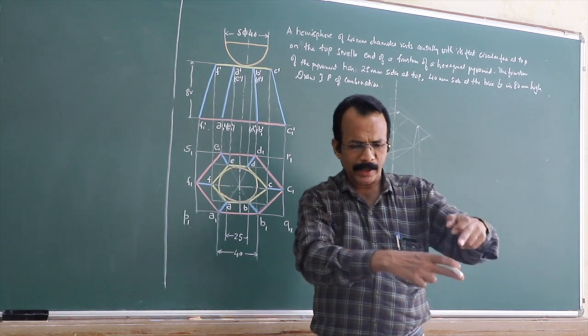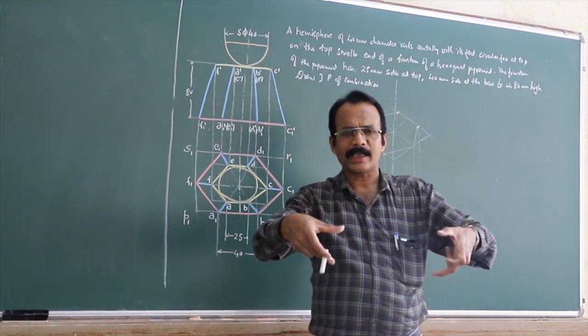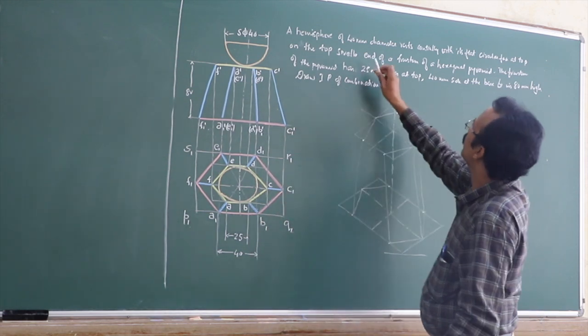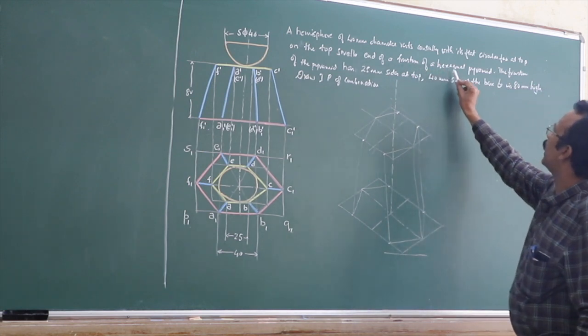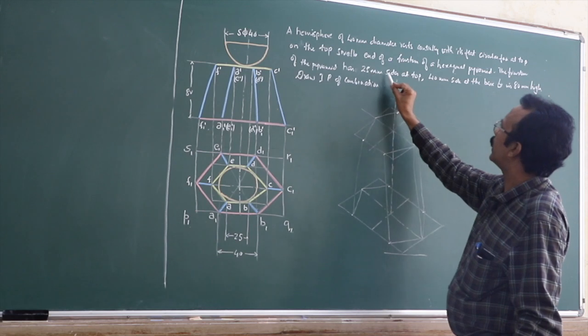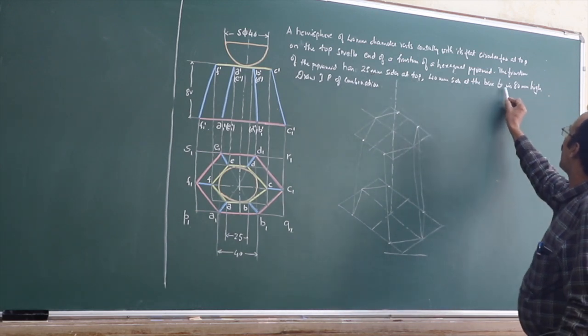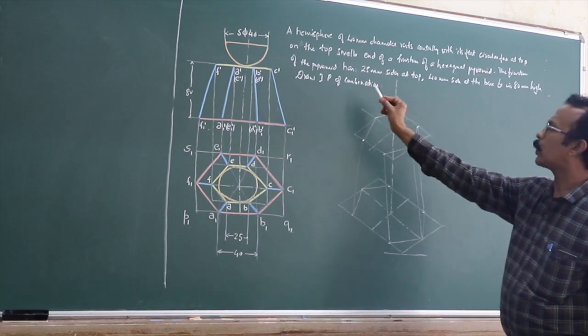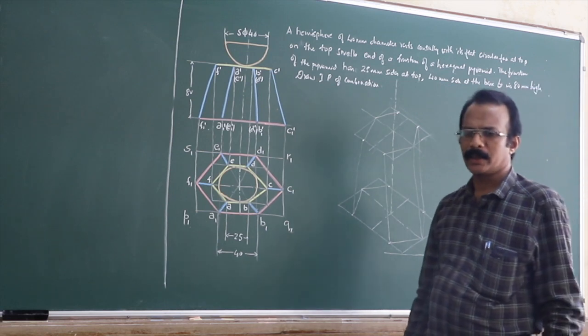The base hexagon dimensions, top hexagon dimensions, and the height are required. The frustum of the pyramid has 25 mm sides at the top, 40 mm sides at the base, and is 80 mm high. Draw the isometric projection of the combination of the solids.